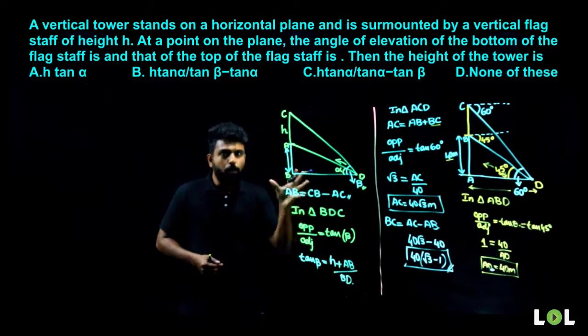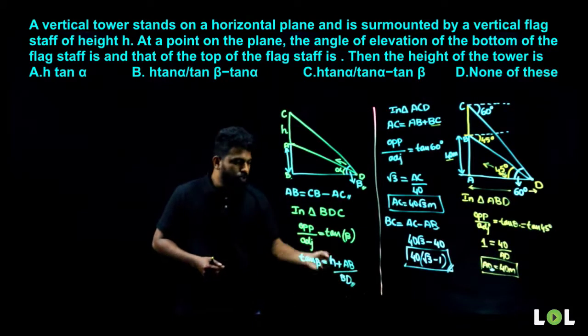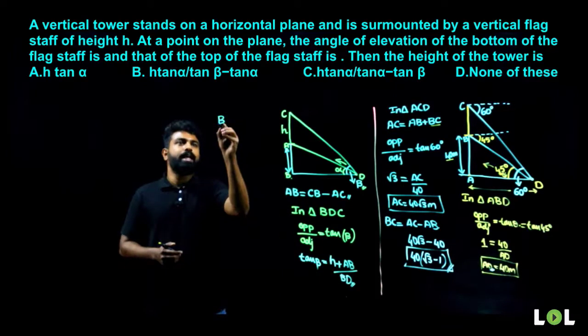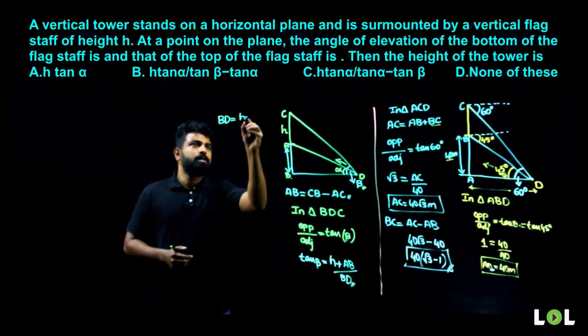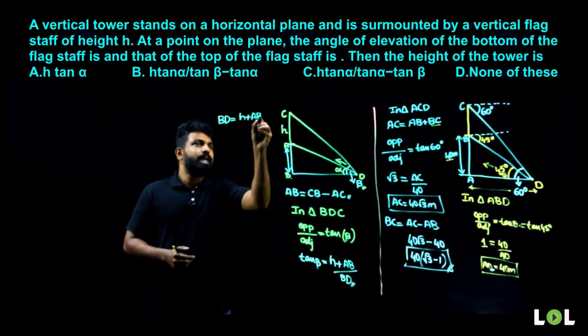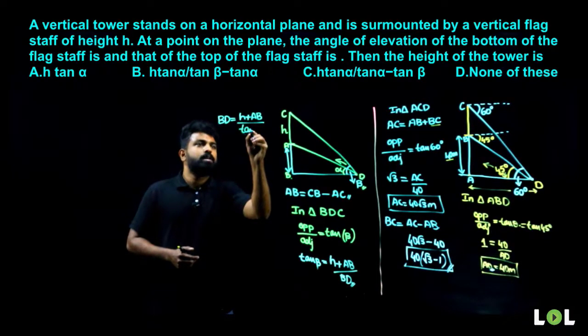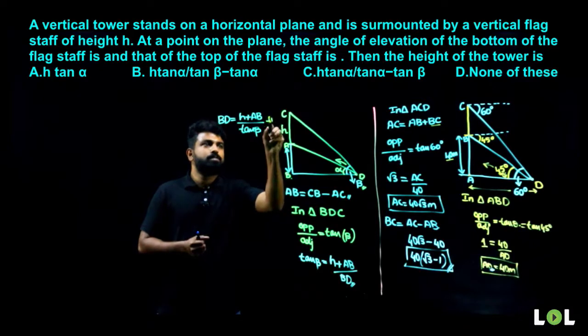Since BD is common to both, first I'll calculate the value of BD. If I cross multiply, BD equals h plus AB divided by tan beta. I'll consider this as my first equation.